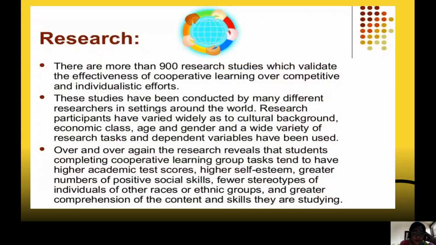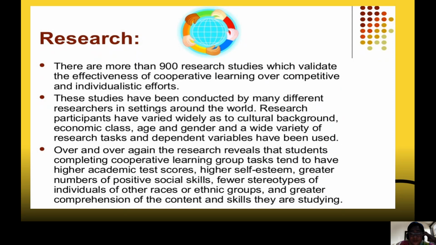According to research, there are more than 900 studies which validate the effectiveness of cooperative learning over competitive individualistic efforts. These studies have been conducted by many different researchers in settings around the world. Research participants have varied widely in cultural background, economic class, age, and gender, and a wide variety of research tasks and dependent variables have been used.